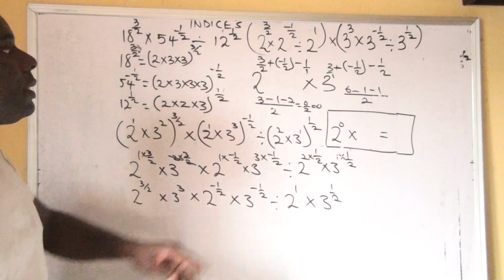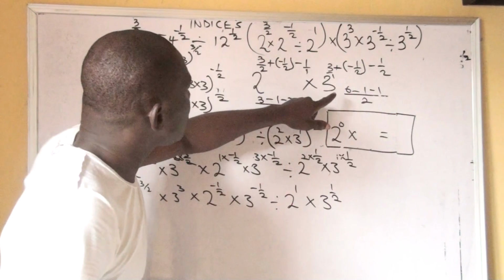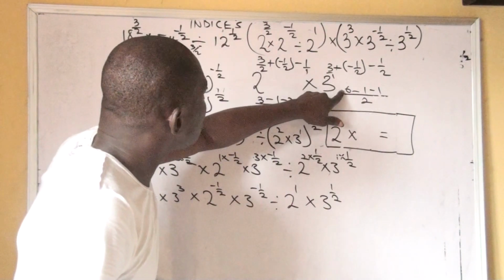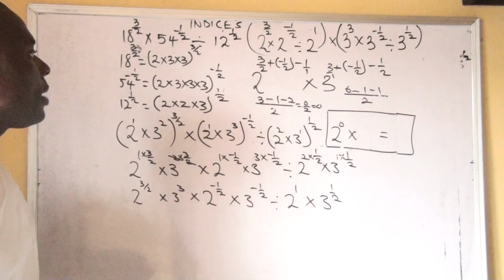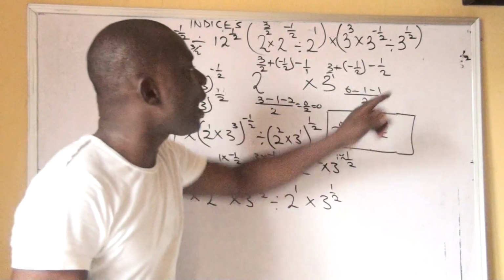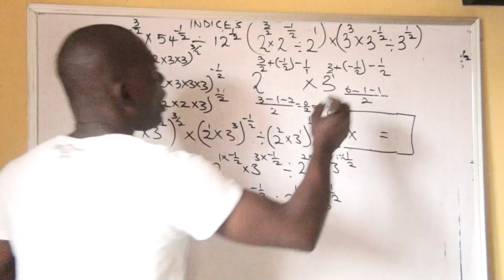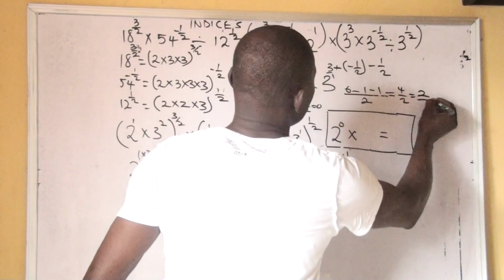So here, let's look at this. 6 minus 1 is 5. 5 minus 1 is 4. And here will be 4 divided by 2. Our answer will be what? Will be 2.